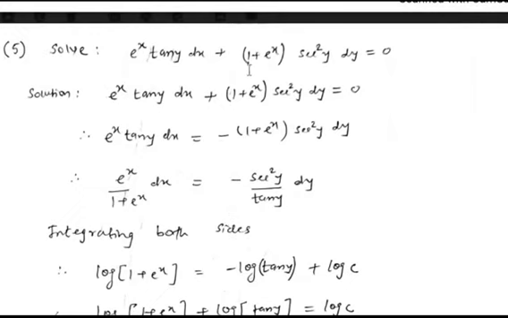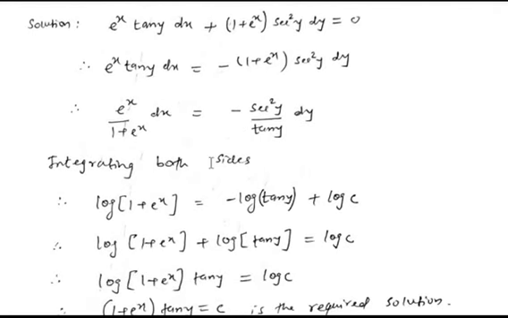e raised to x tan y dx plus 1 plus e raised to x square y dy equals to 0. So taking this term towards the right hand side and writing the function of x with dx and function of y with dy, with dx we have e raised to x over 1 plus e raised to x, and with dy we have sec square y over tan y, and this minus sign as it is.